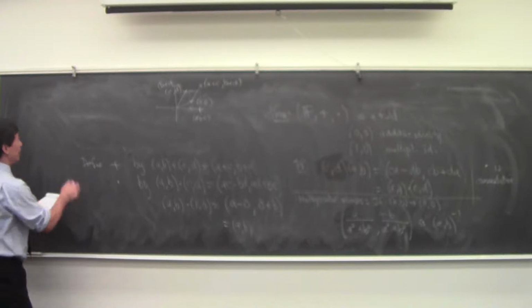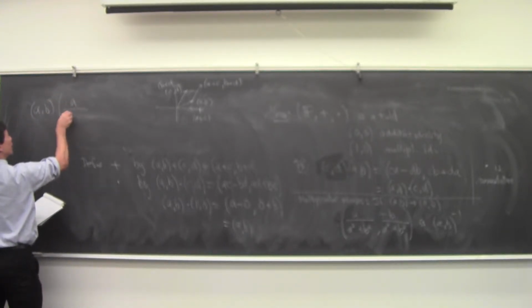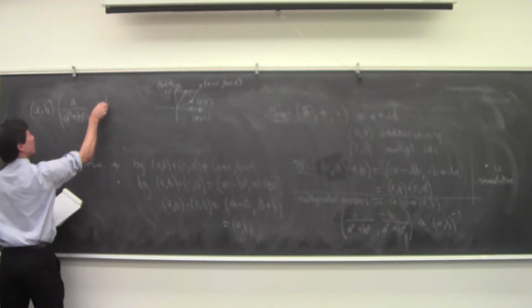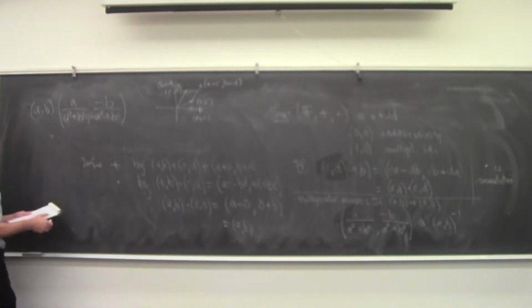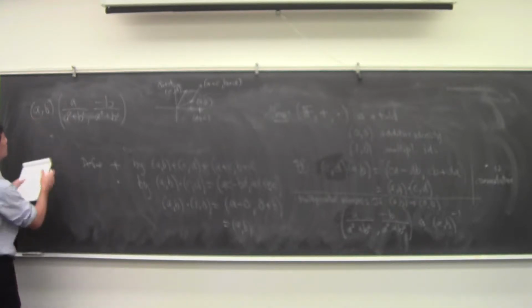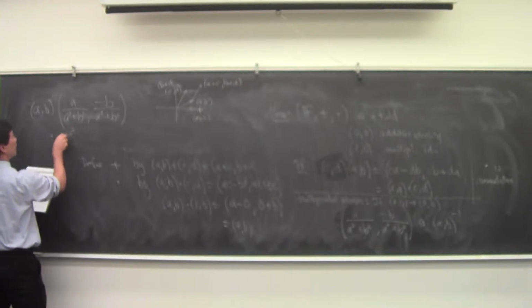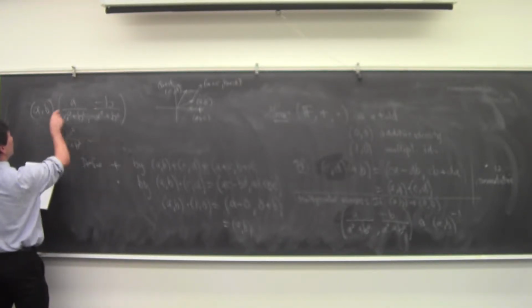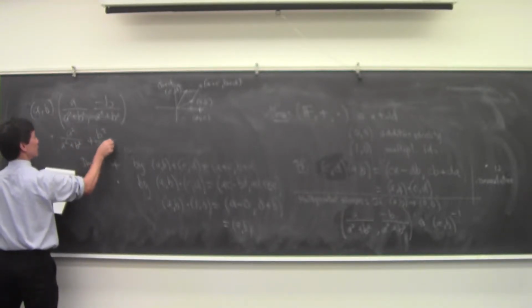I hope you see that. Because if you take AB times A over A squared plus B squared, negative B over A squared plus B squared, you see what you get. You get A squared minus BD, so it's going to be plus B squared over A squared plus B squared.